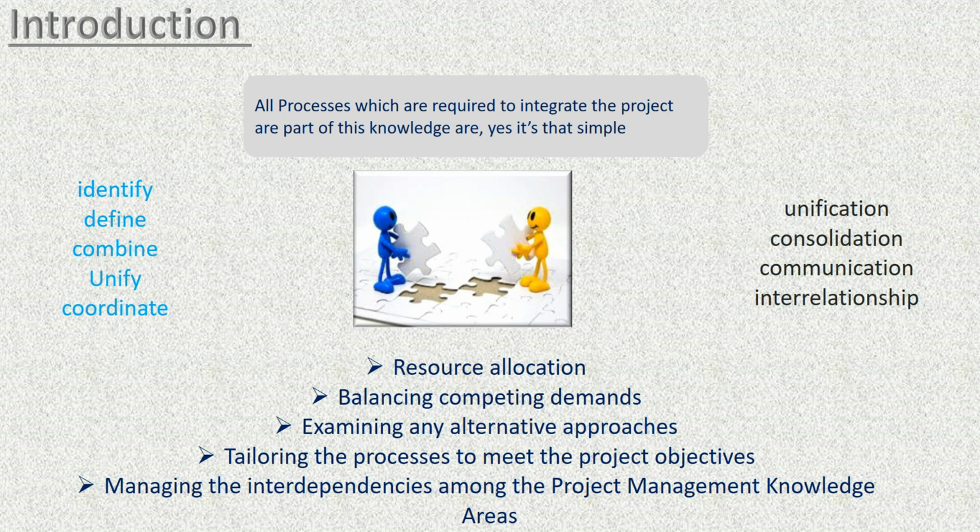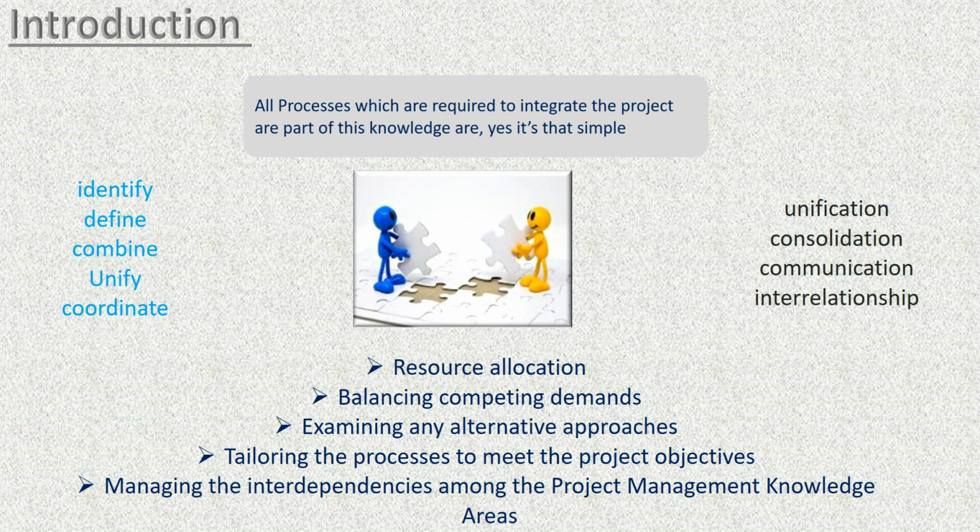There will be demands from your internal organization, from outside the organization, from each and every stakeholder involved. But as a project management team or project manager, your responsibility is to balance those demands. You cannot just leave these demands and create havoc in your project.